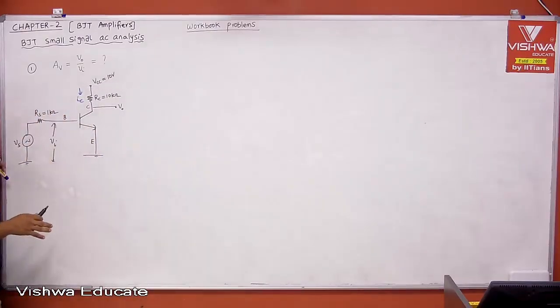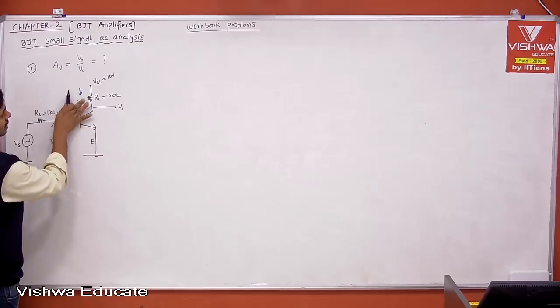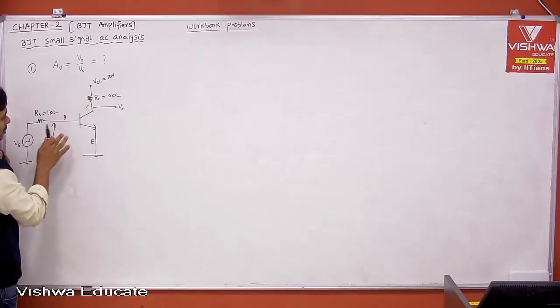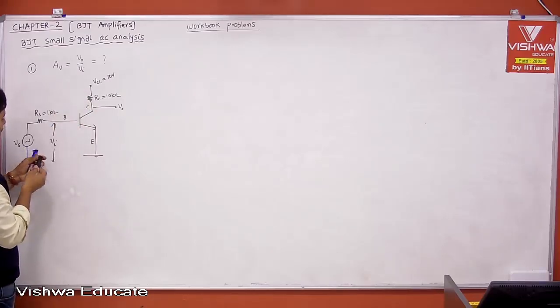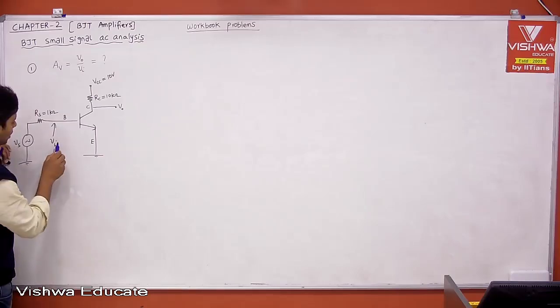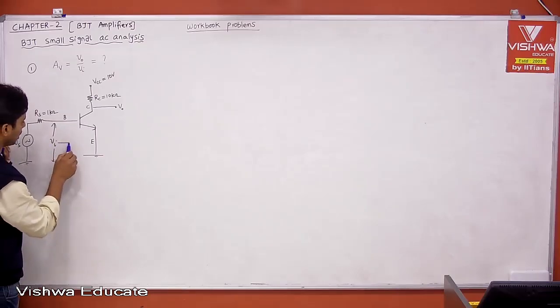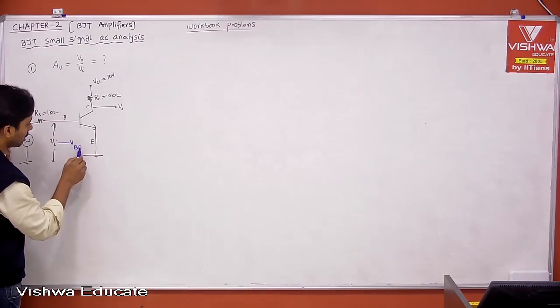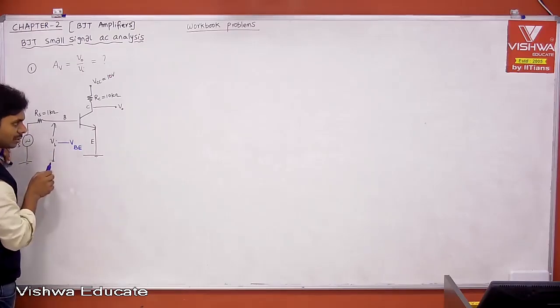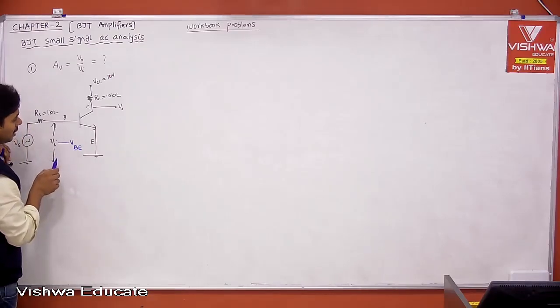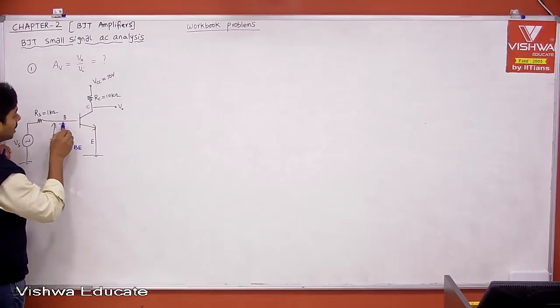But let us assume that the transistor is in the active region. When the transistor is in the active region, I'm just taking DC signals. Let us say I'm applying a DC signal, this is your DC voltage, capital VBE. If I apply capital VBE before the AC signal, then you will get capital IB.